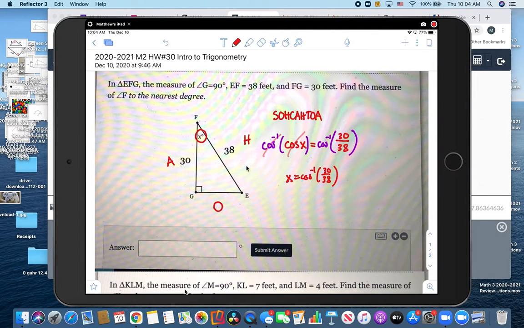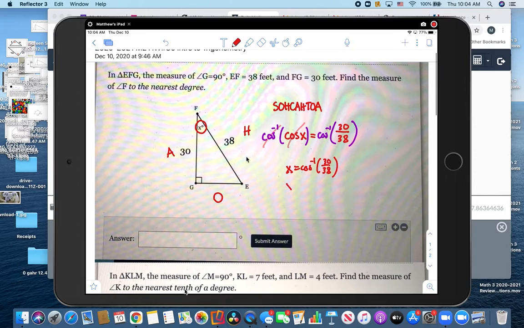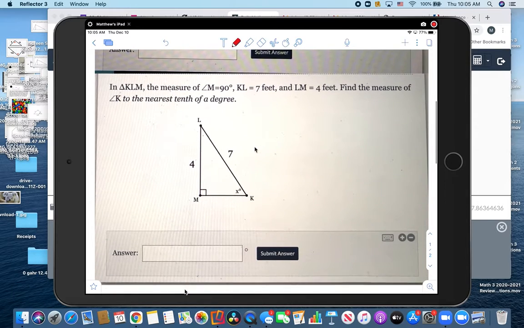So x is roughly 37.86 degrees. But it says round it to the nearest degree, so you're rounding to the nearest whole degree. Since that's 7, the next one's 8, that means you round up to make it 38 degrees. Okay. Let's look at our next example.